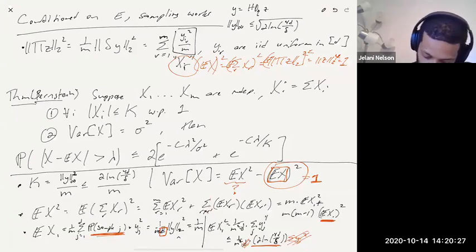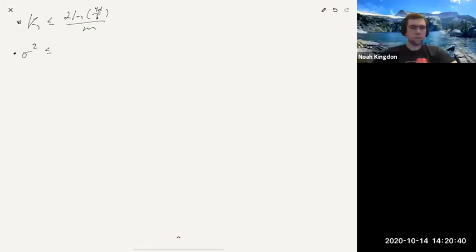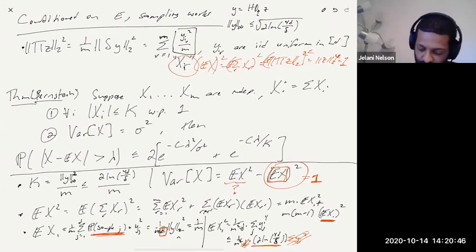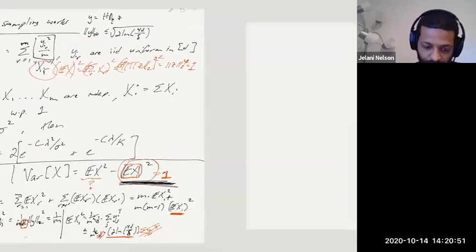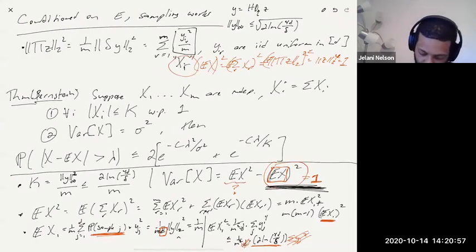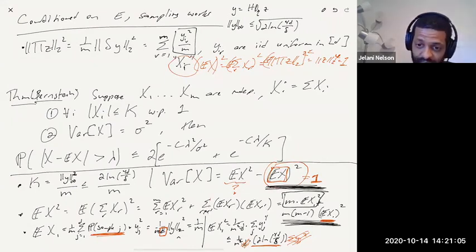So basically, summary. k is at most 2 ln 4d over delta over m. And then sigma squared we said was at most, so there's a -1 because remember that right here, there's this -1. Plus, we have m times the expectation of x1 squared plus m times m minus 1 times this thing.